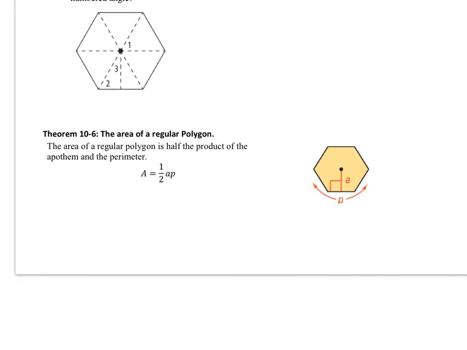Now, I would write this down when I find the area of a regular polygon. P stands for perimeter, so that would be the length around my shape. My apothem stands from the center of the circle, creates 90 degrees and cuts the angle in half, because essentially we're finding the triangles that were created by each of my pizza slices, as you might say.